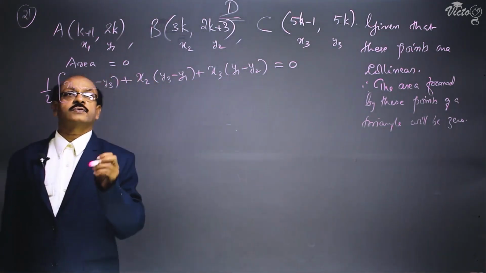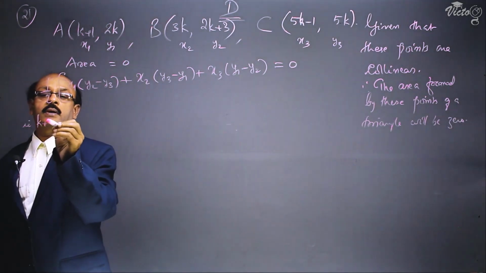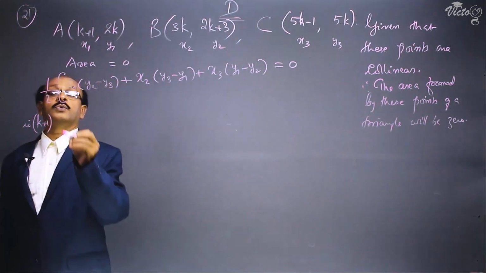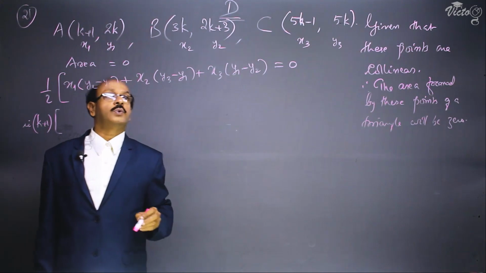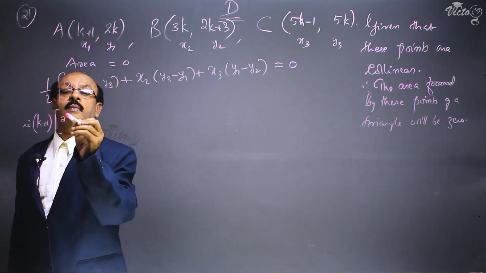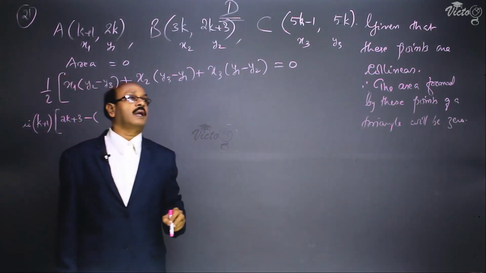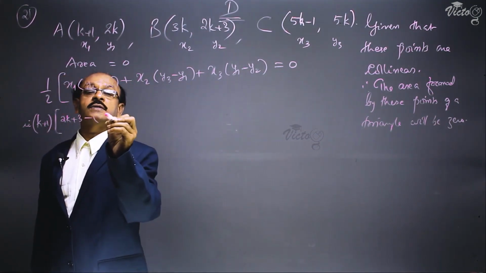The value of x1 is k plus 1, so we have (k plus 1) into (y2 minus y3). The value of y2 is 2k plus 3, minus y3, which is 5k.